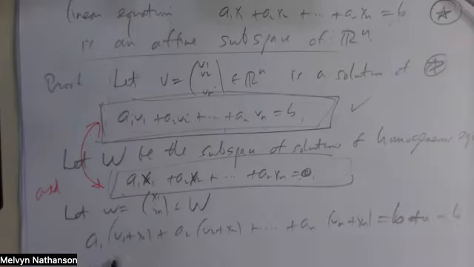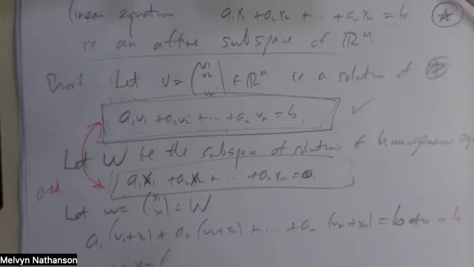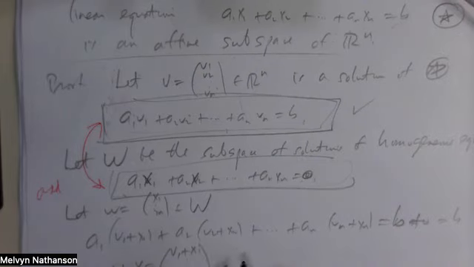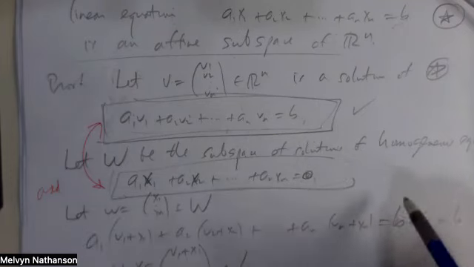So the vector with coordinates b1 plus x1 down to bn plus xn is in L. L was the set of solutions of the inhomogeneous equation.